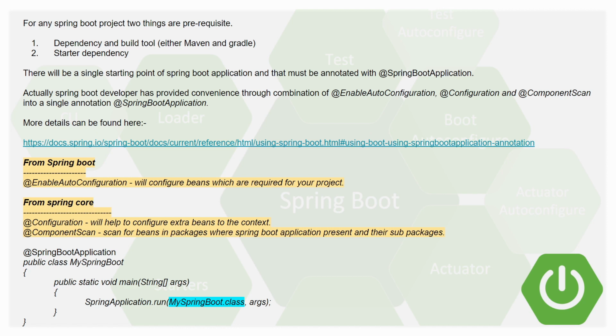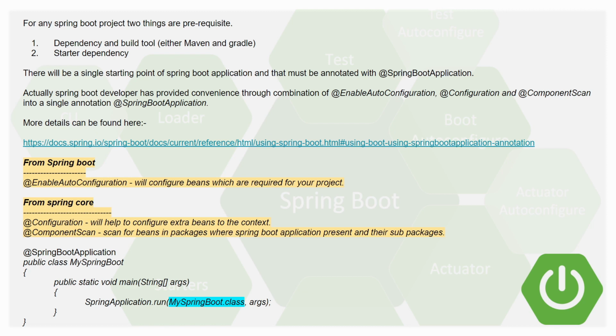For any Spring Boot project, two things are prerequisites: one is a dependency and build tool, and the other is the starter dependency. To develop your Spring-based application using Spring Boot, you have to be well aware of a dependency tool, Maven or Gradle, because it supports two dependency tools.